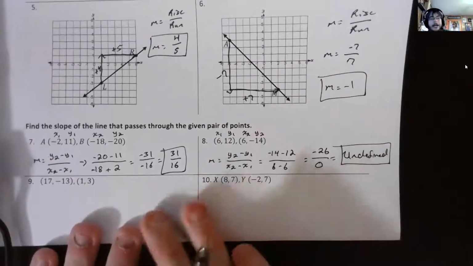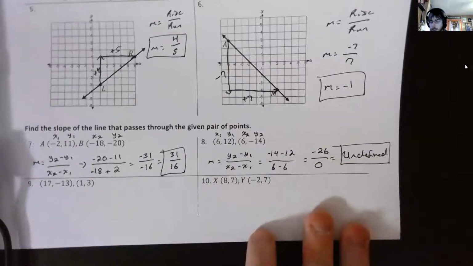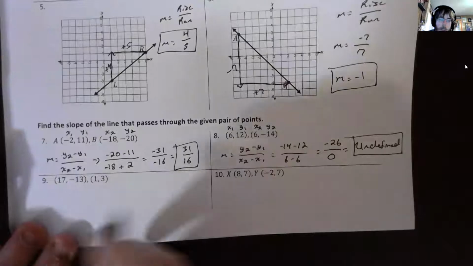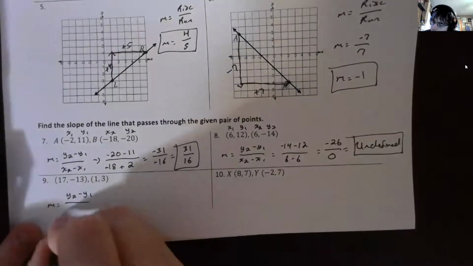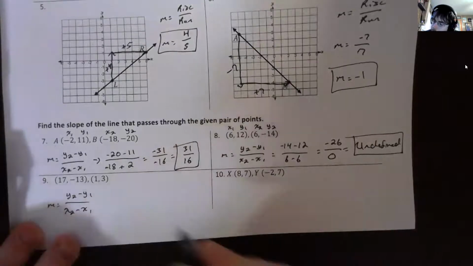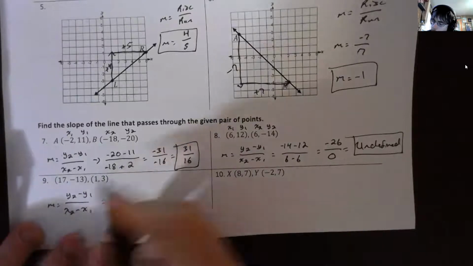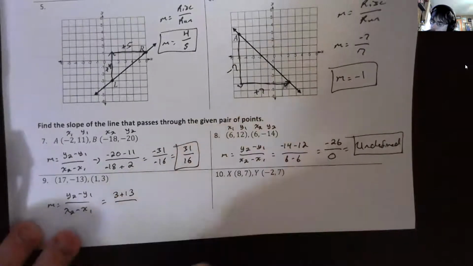So try number 9 and 10 on your own using the slope formula and check back in to see how you did. All right, so number 9, we have 17, negative 13, and 1, 3. Our slope formula is y2 minus y1 over x2 minus x1. y2 minus y1 will give us 3 minus negative 13, which would be 3 plus 13.